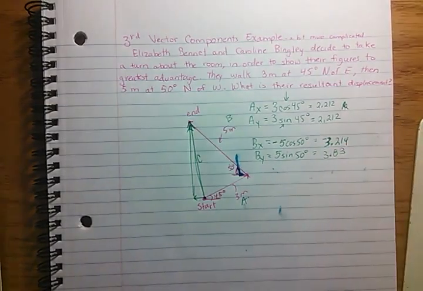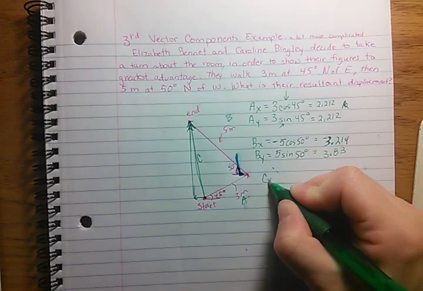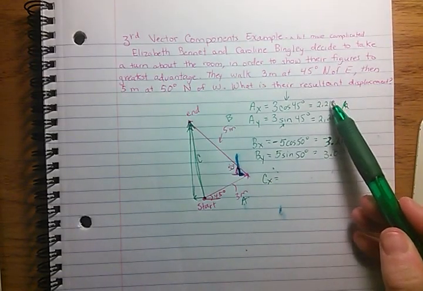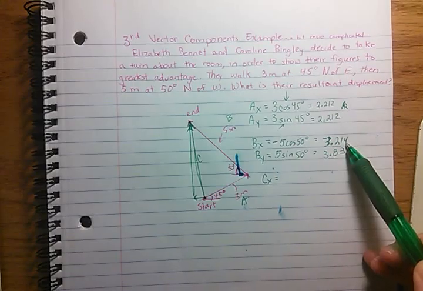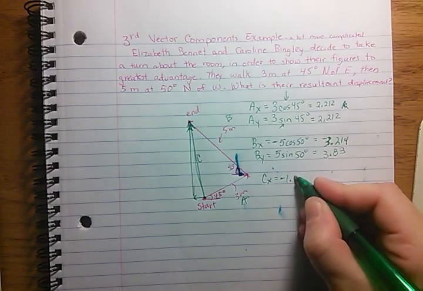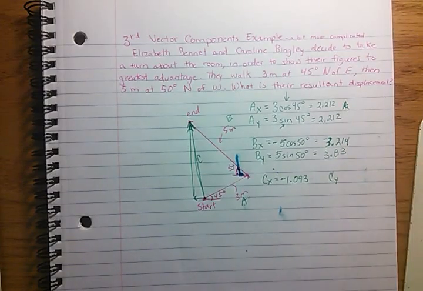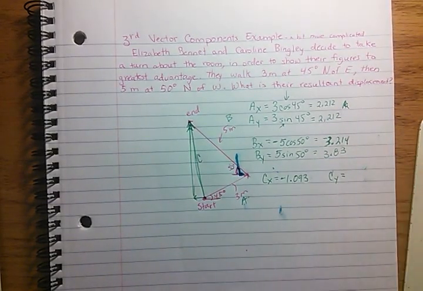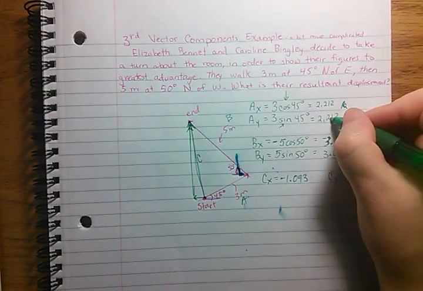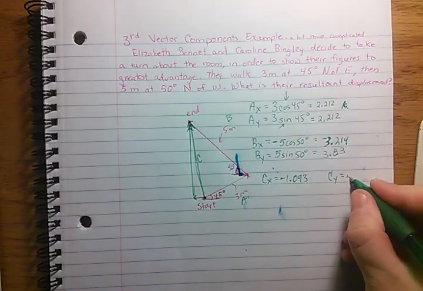Okay, now we want to add the x components and the y components. So to get Cx, we want to add Ax plus Bx. So that's actually going to come out with a negative number, negative 1.093. And then Cy is going to be equal to 2.212 plus 3.83, and we get 5.951.